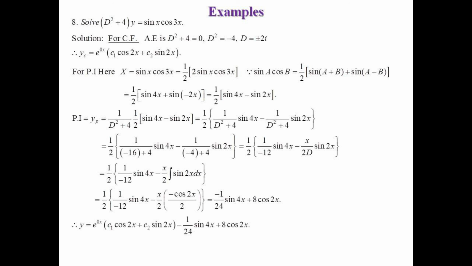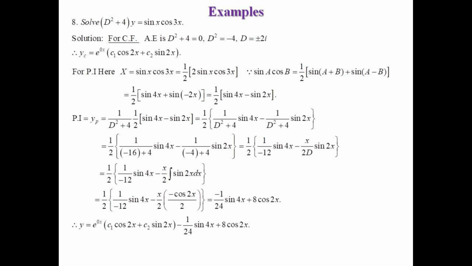Whereas if we simplify the denominator of the second term, it becomes 0, and we know that whenever the denominator becomes 0, we attach x to the numerator and take the derivative of the denominator. So the numerator is x upon the derivative of D square plus 4, which is 2D, into sin 2x.